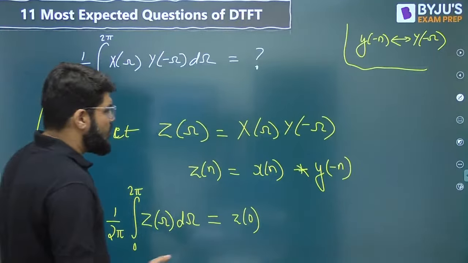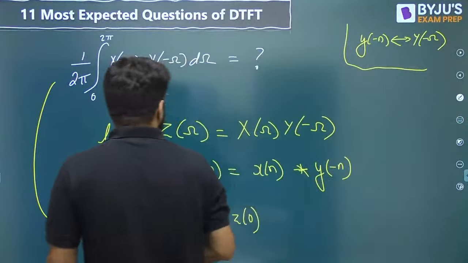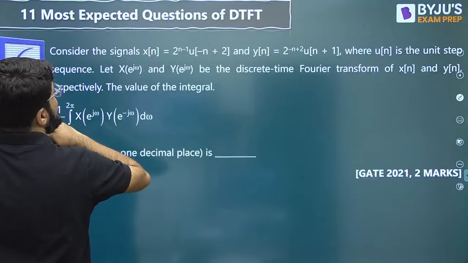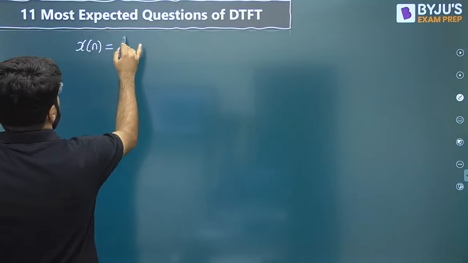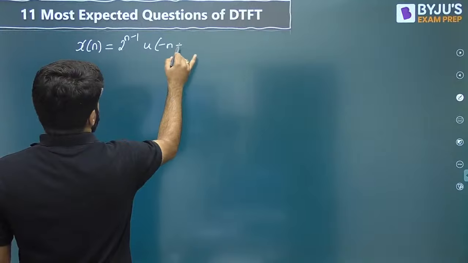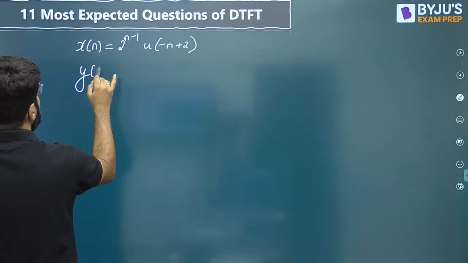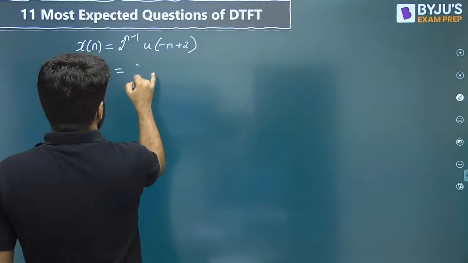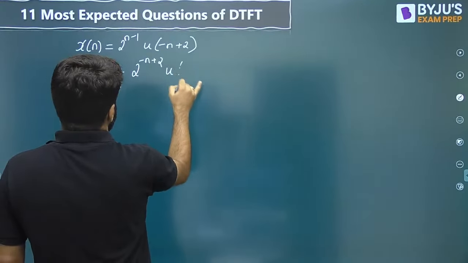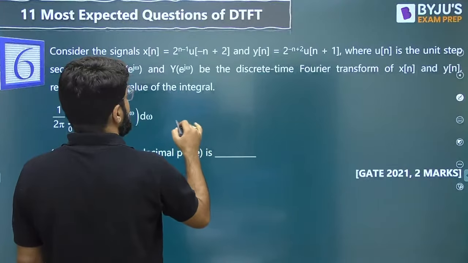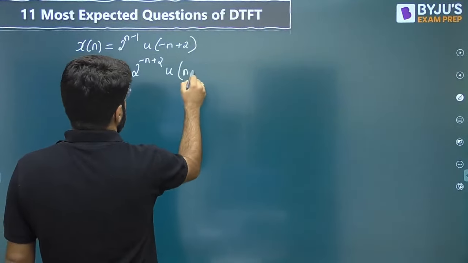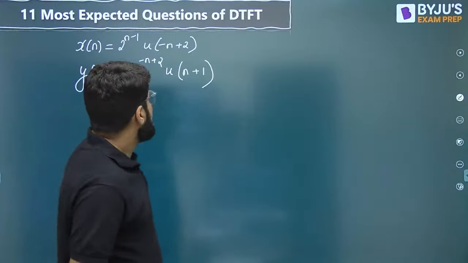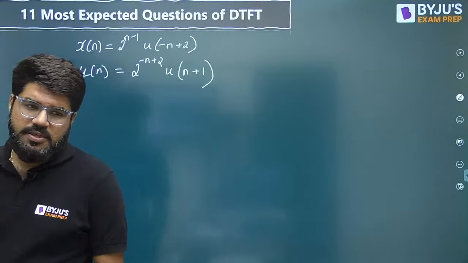Okay, what is x[n] and y[n]? Now time to write that. What is x[n]? 2^(n−1) u[−n+2]. What is y[n]? 2^(−n+2) u[n+1].